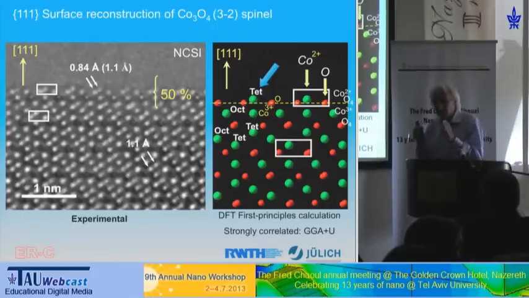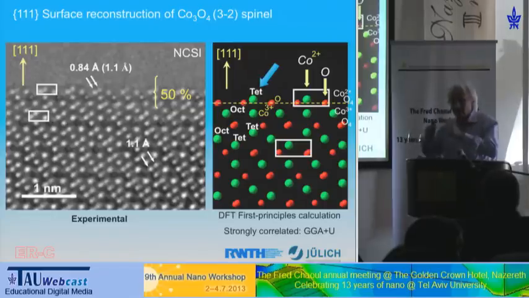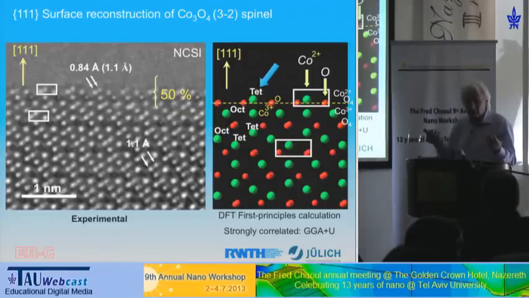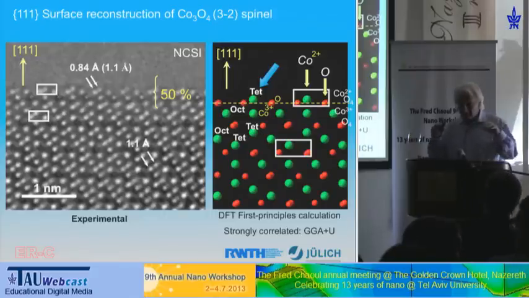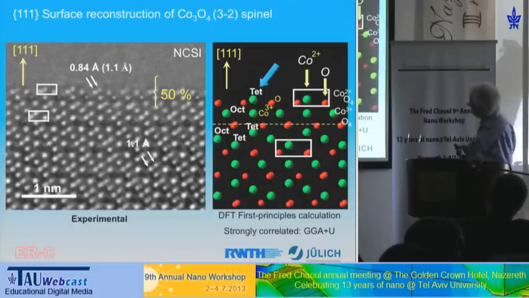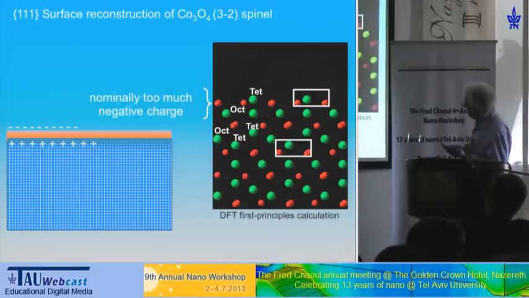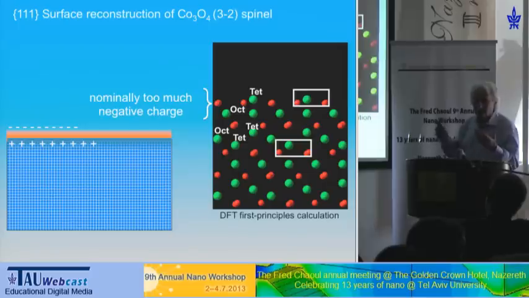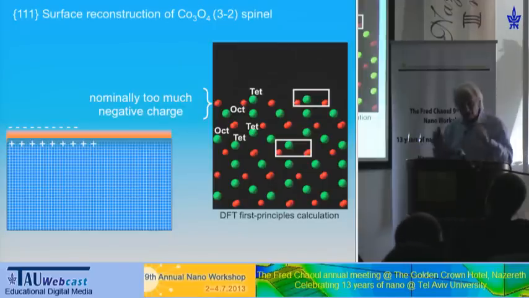So the DFT calculations minimize the Gibbs free energy, and they do it including the charge. That means from the DFT calculations, we should also be able to learn something about whether such a surface is charged or not. And when we just do a primitive counting of charges, then we come to the result that this should be negatively charged. But that's not the whole story.